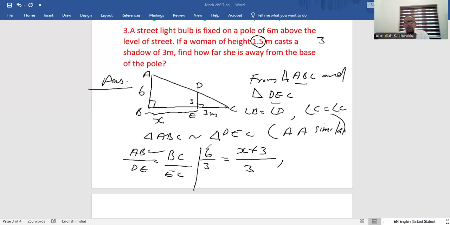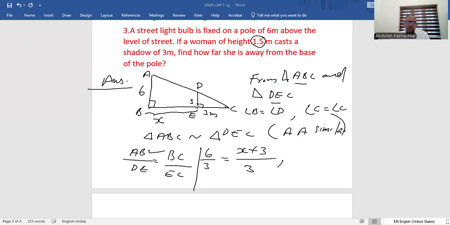I think all of you understood the mistake here. 1.5 meter, 3 meter woman not possible. So better change that. Okay, sorry. Please change this one. Not 3 meter, it is 1.5 meter. You have to inform me now.